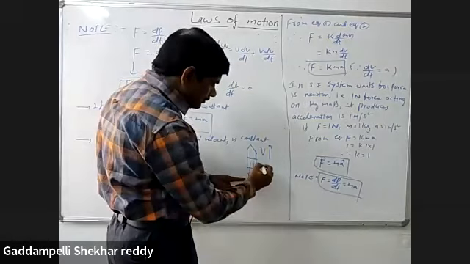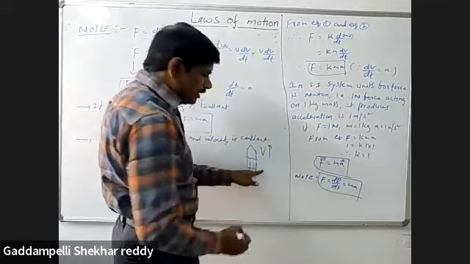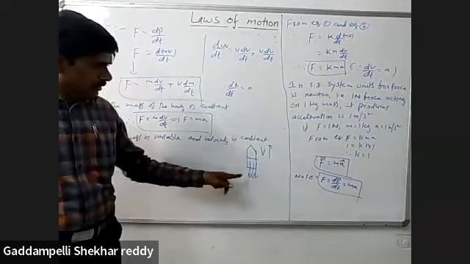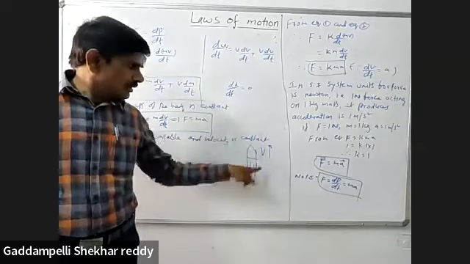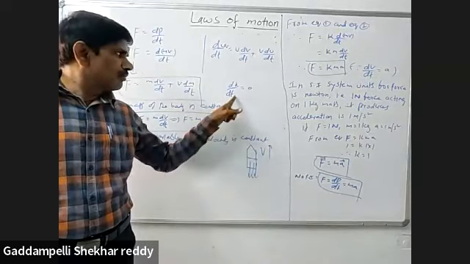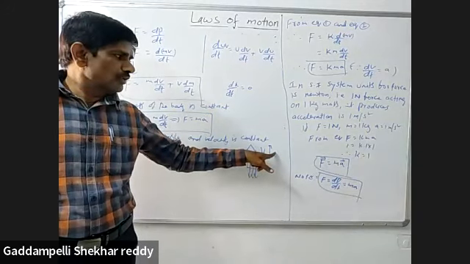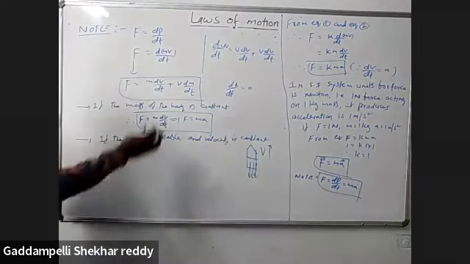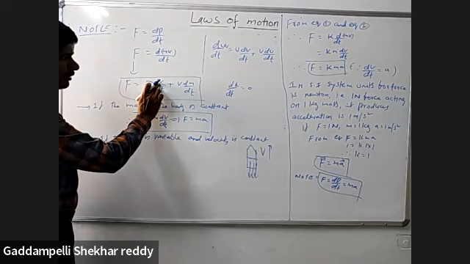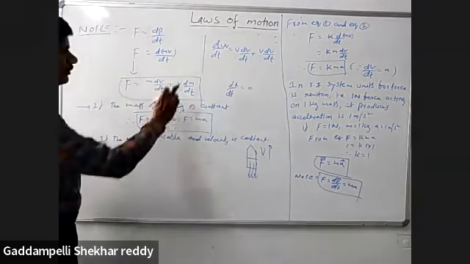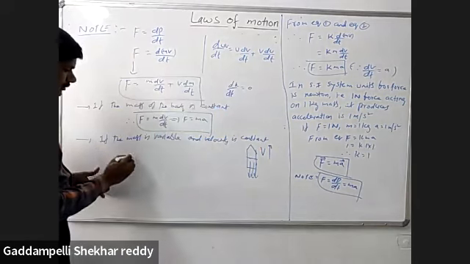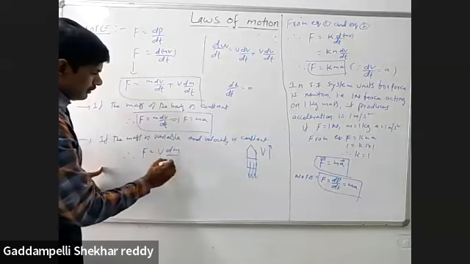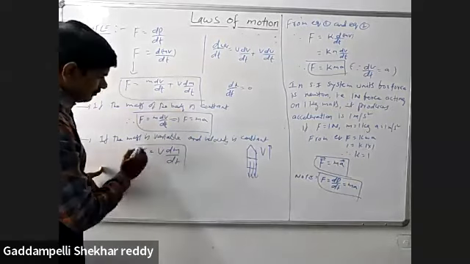Here fuel burns, which means mass changes. So every moment the mass changes, but the velocity is uniform. So mass is variable, velocity is constant, and therefore F is equal to V dm by dt.